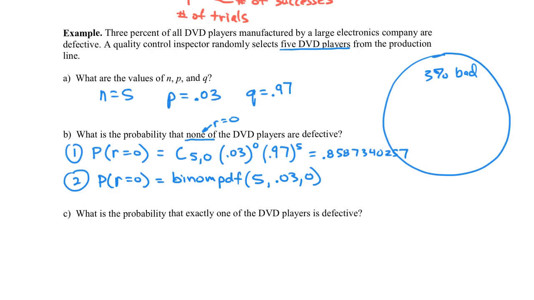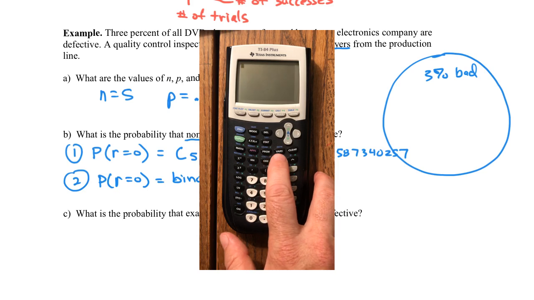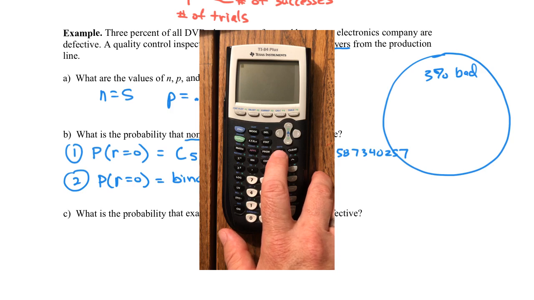To punch this in the calculator, take a look at the video and we'll walk you through this. If we want binomial PDF with N being 5, P being 0.03, and R being 0, we look above the vars or variables key, where there's the word distribution, or a shortcut for distribution.